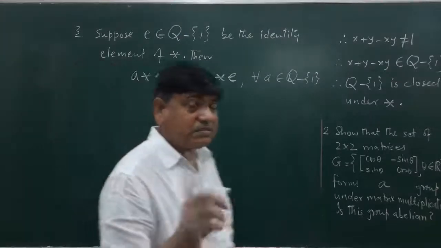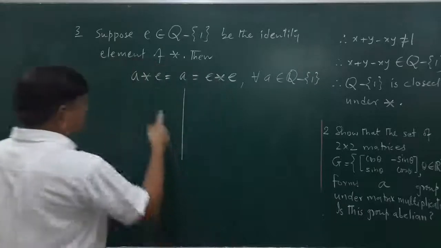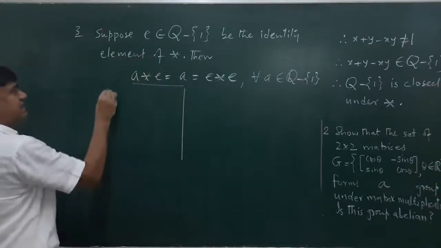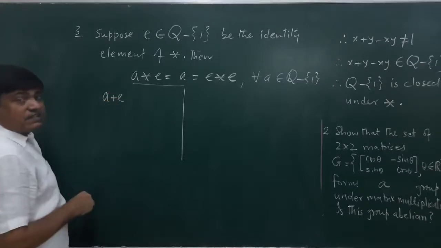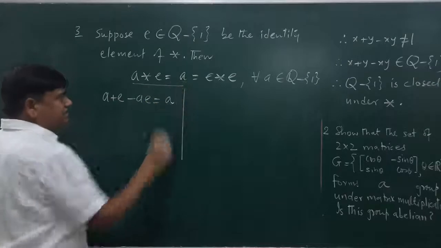Always remember, both way you have to calculate, left and right. So let us simplify this. A as this. So definition, A plus E minus AE equals to A.